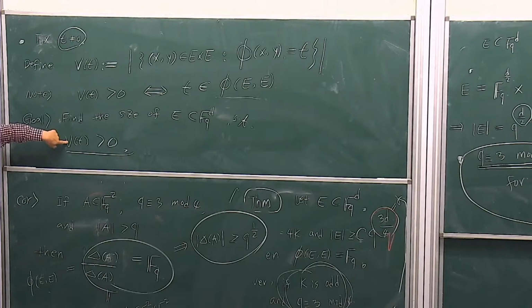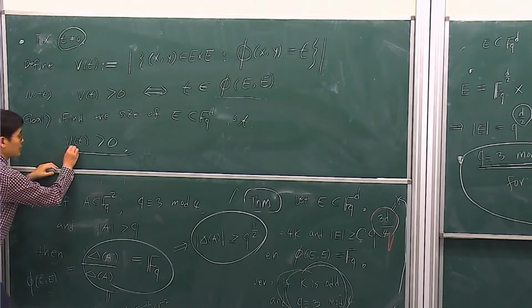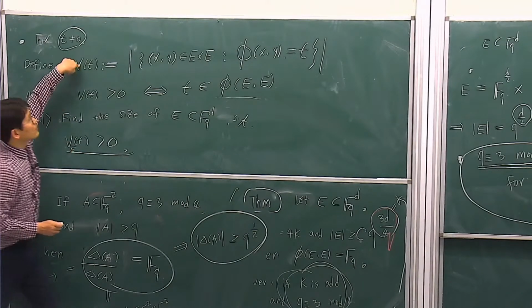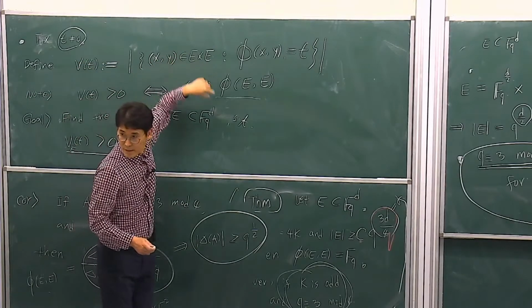So my task is just to compute this one, right? Which depends on T, I mean, actually depends on E, right? The definition of VT depends on E.